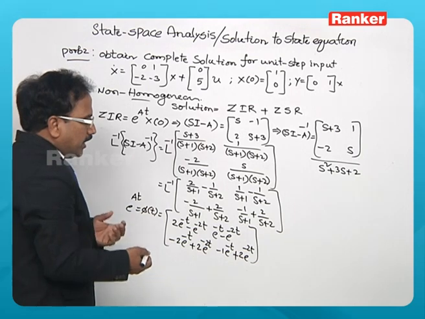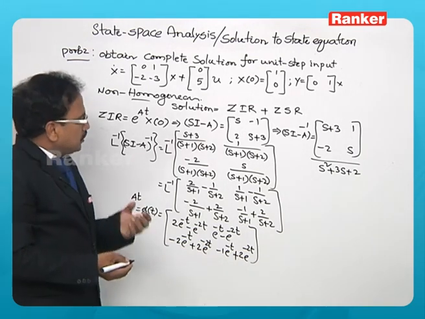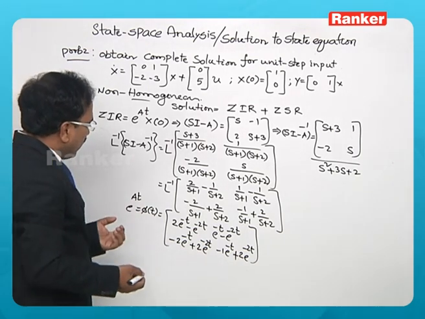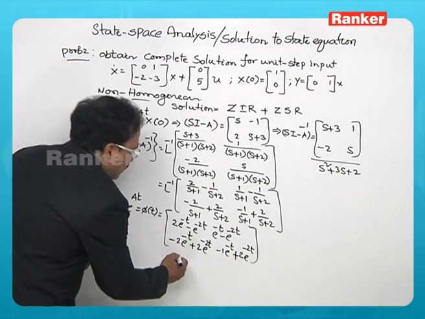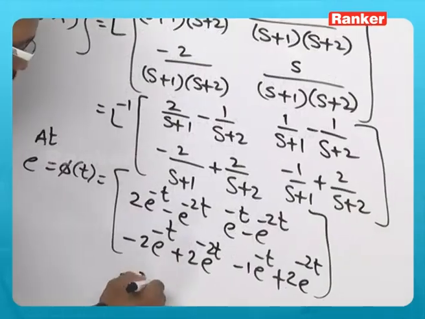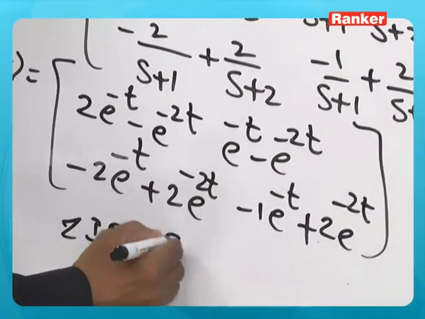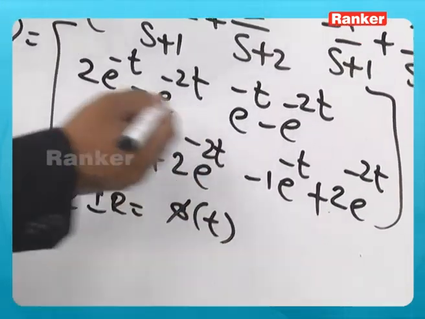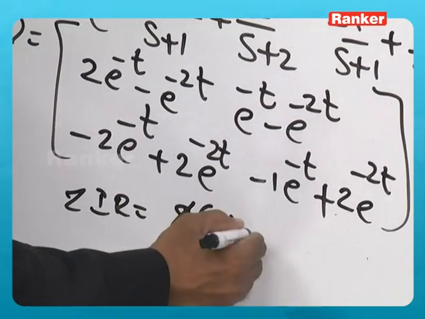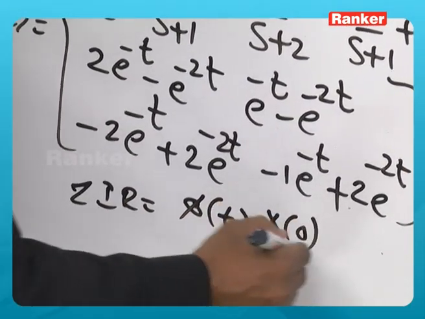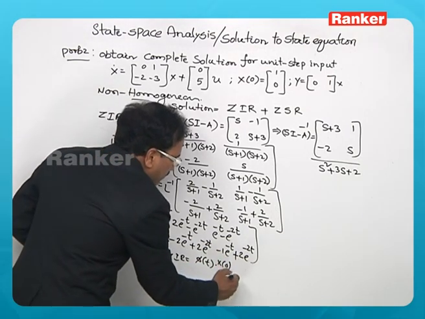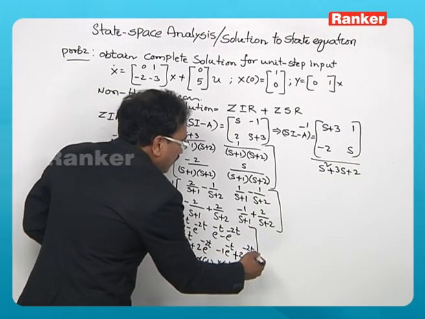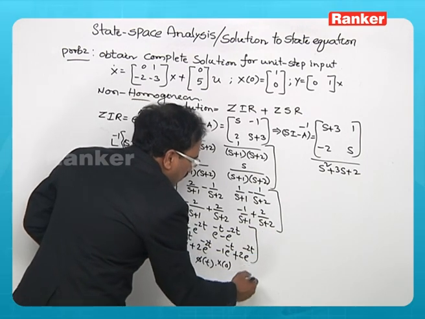Now, to get the 0 initial response, I must multiply this with x of 0. So, the 0 initial response is the matrix phi of t multiplied by x of 0. So, this can be taken as it is, and you need to multiply this with x of 0.